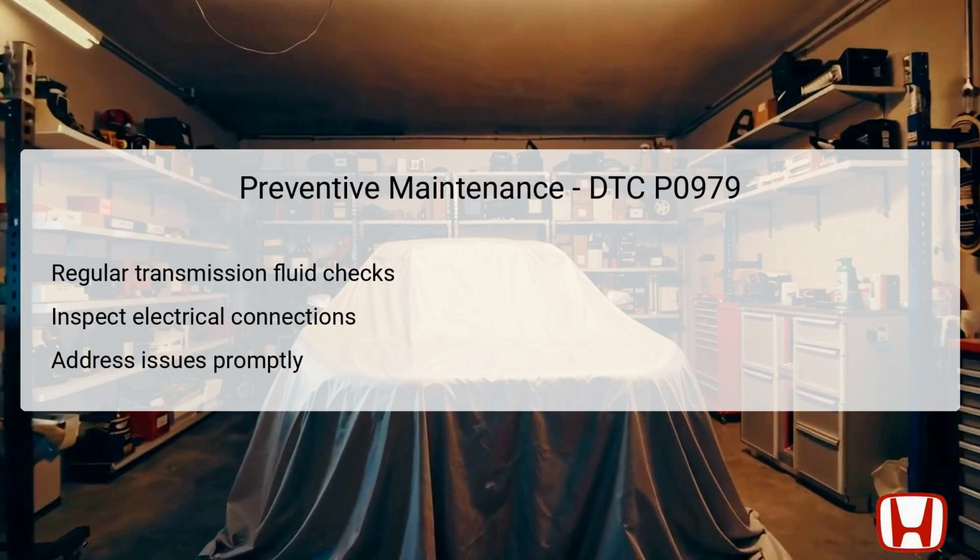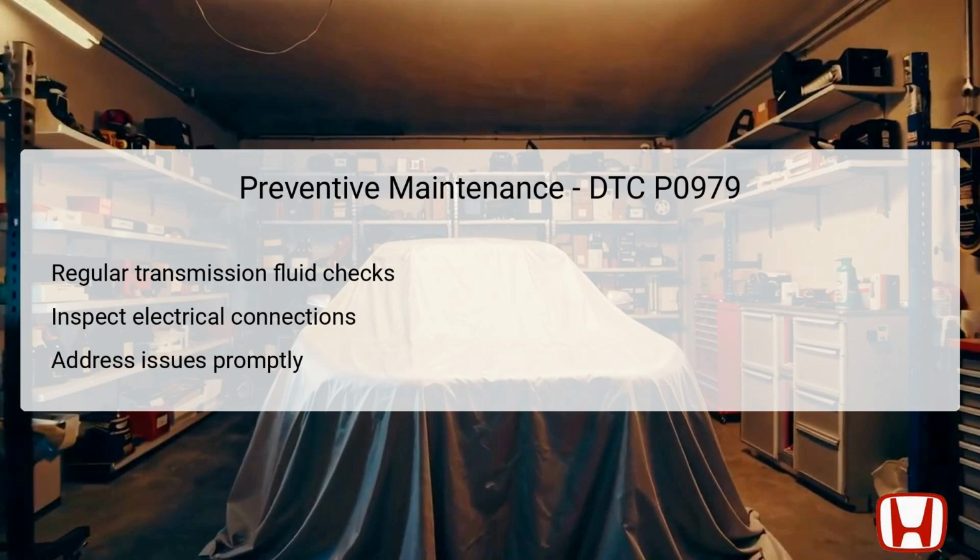To prevent future occurrences of DTC P0979, proper maintenance of the vehicle's transmission system is crucial. Regularly checking the transmission fluid level and condition can help identify issues before they develop into severe problems. It's equally important to inspect electrical connections leading to the shift solenoid valves, ensuring they are secure and free of corrosion.